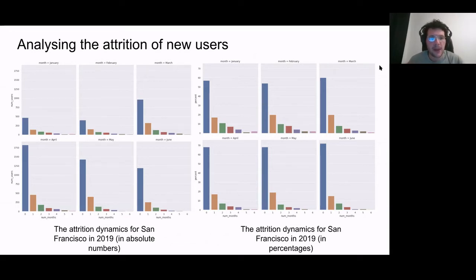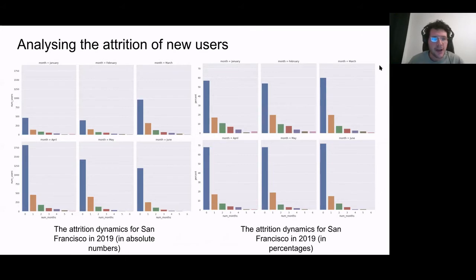For that, I extended our data set. I collected whole data for San Francisco for 2018 and 2019, and I looked at how many months new users stay on the platform after joining it.